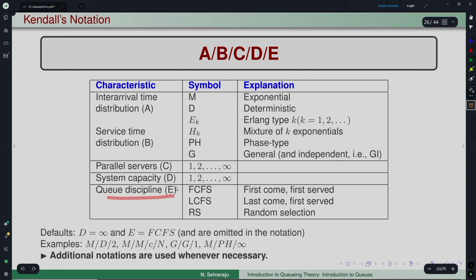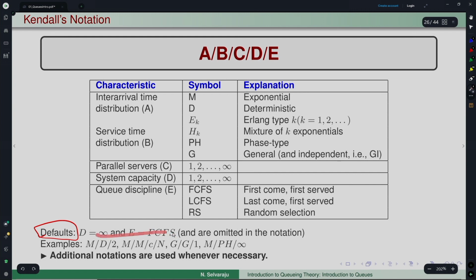Then there is a queue discipline, which is E, which will be represented either by FCFS or LCFS or RS, random selection, or processor sharing, or whatever description might come here. Now, when we are writing these notations, the defaults that we assume are that D is infinity, which means the system capacity is infinity, and the queue discipline is FCFS.